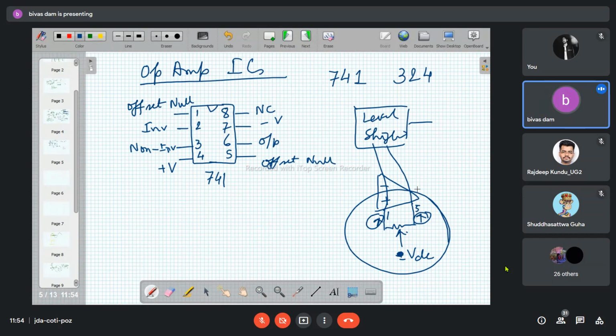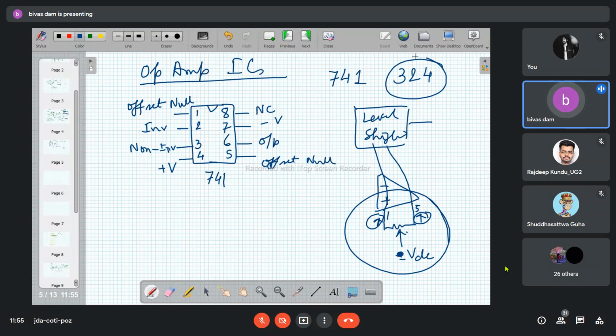But remember, this is only available in IC 741. It is not available in 324. Why is it not available? Because this is not much of use. Even if you adjust for the nullified DC output for the zero input difference voltage, you have ensured zero output voltage, but that will be valid only for that particular time instant.